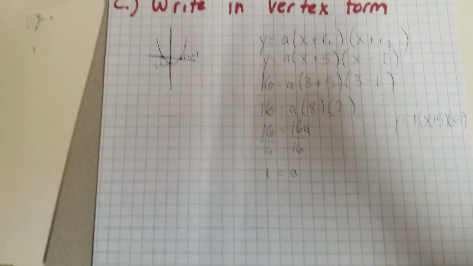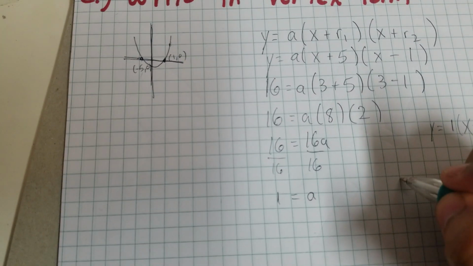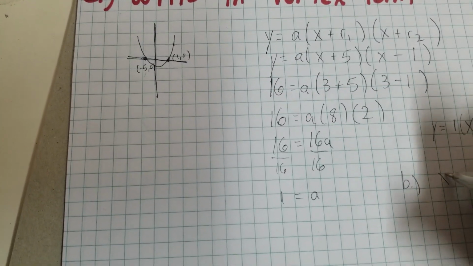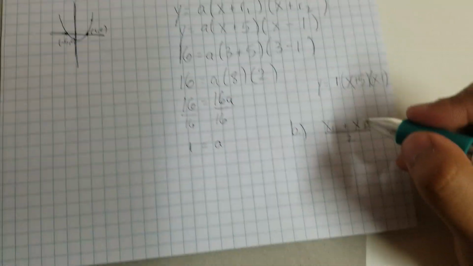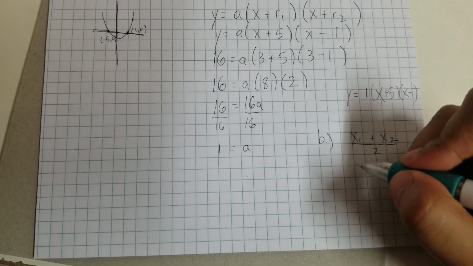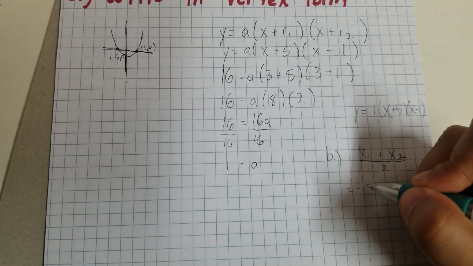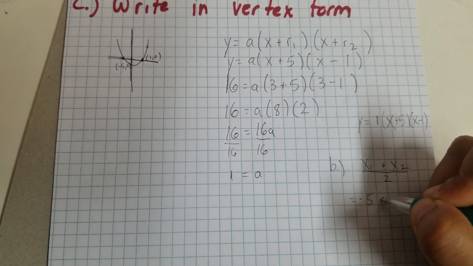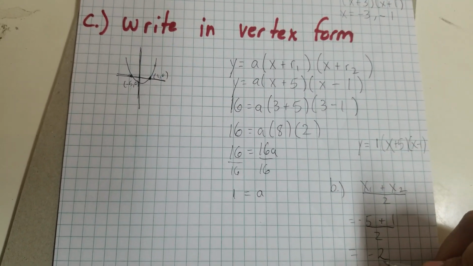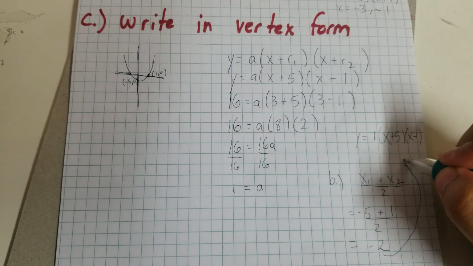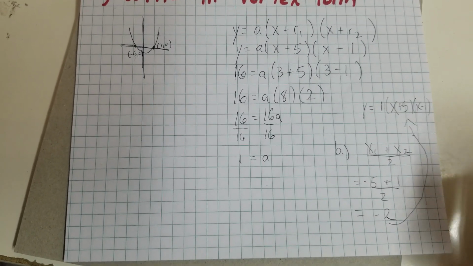If I want to find the vertex, that's pretty easy. You do x1 plus x2, those are your zeros, divided by 2, and that's going to give the x value. So that's -5 plus 1 over 2, which is equal to -2. Then if I put this back into the equation, I'll get the y value.